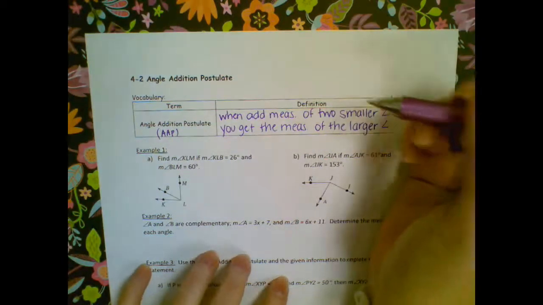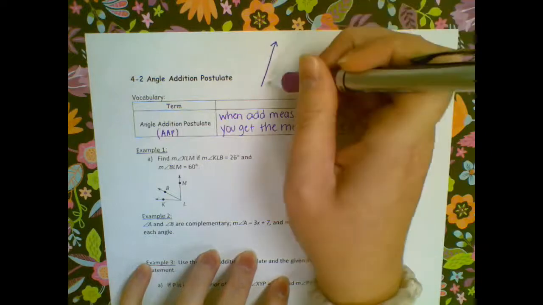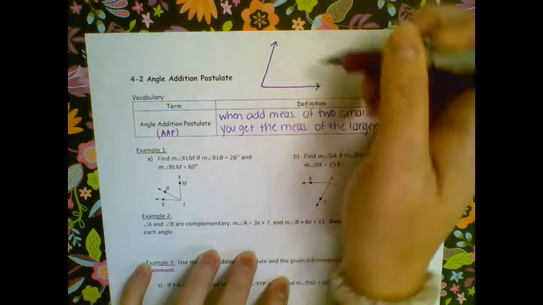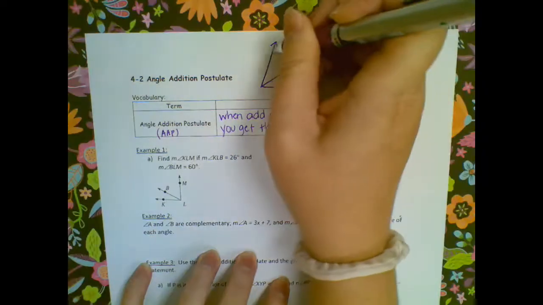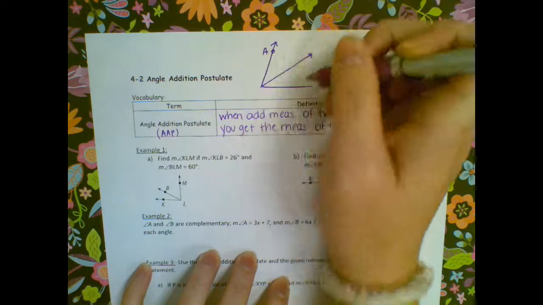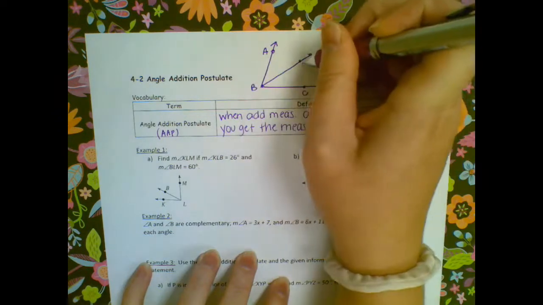Now, just because I'm a visual learner, if I was looking at a picture, I'm going to add a couple points on here. I'm going to go A, B in the vertex, C along the bottom, D in the middle.